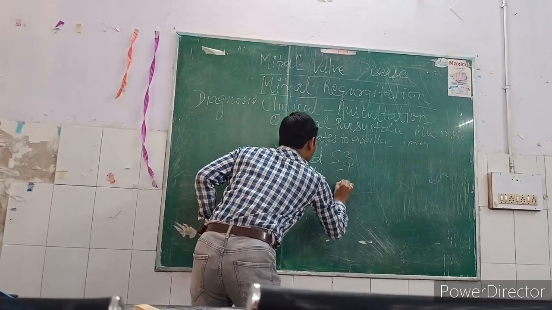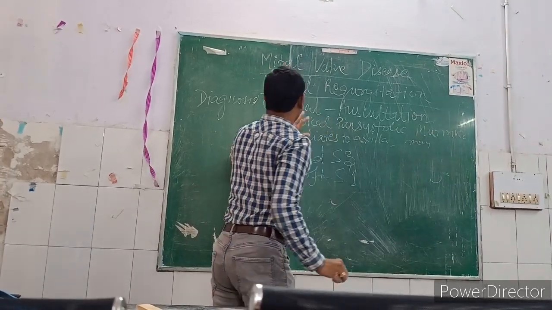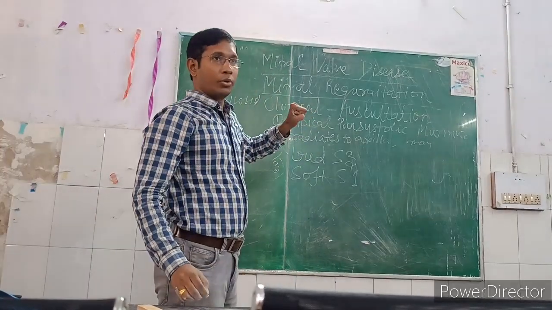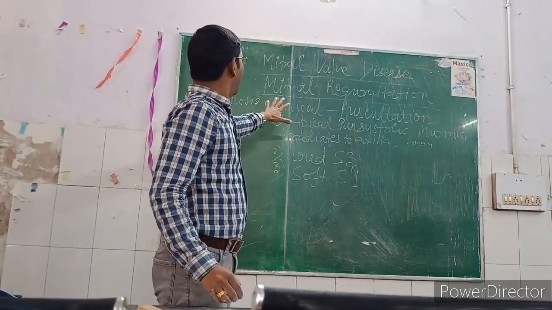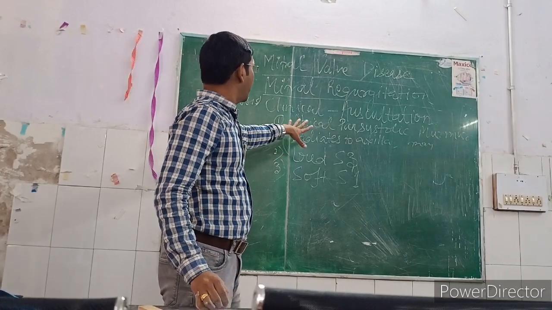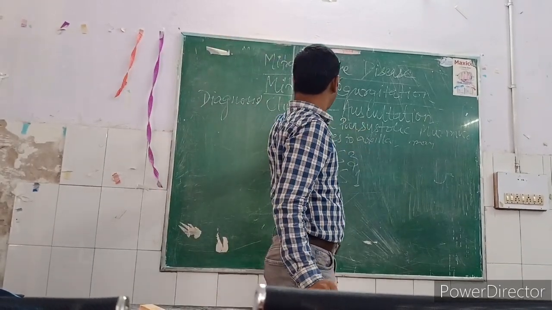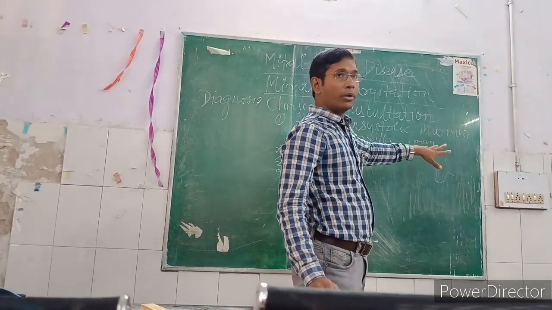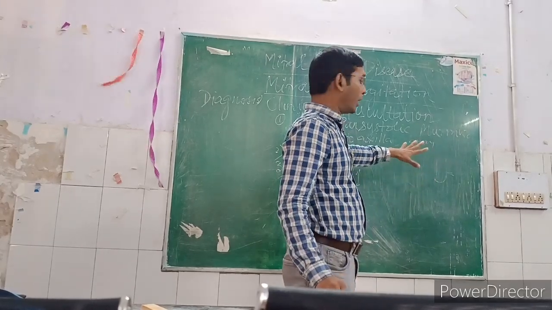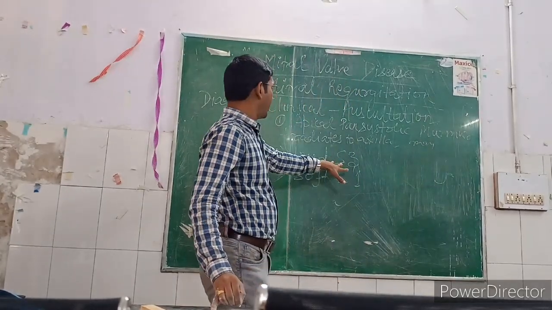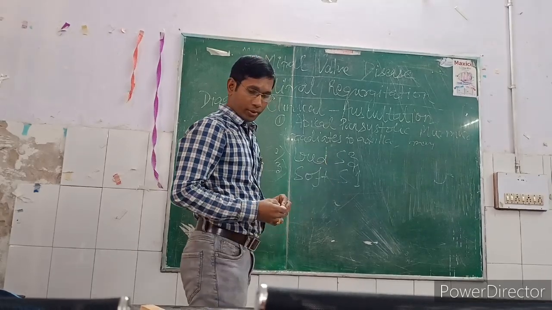So these are the three important clinical findings through which you can catch mitral regurgitation: an apical pansystolic murmur which radiates to the axilla, and you may palpate a thrill, and a loud S3 and soft S1.